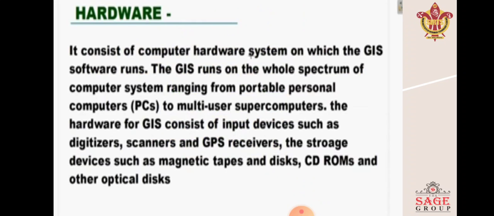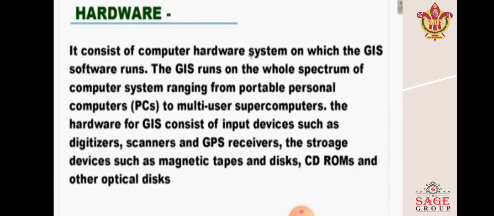Next, first one is hardware. Hardware consists of the computer hardware system on which the GIS software runs. The GIS runs on the whole spectrum of computer systems ranging from portable personal computers, that is PC, to multi-user supercomputers.